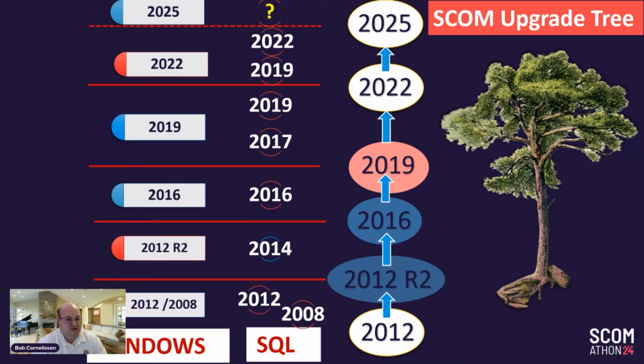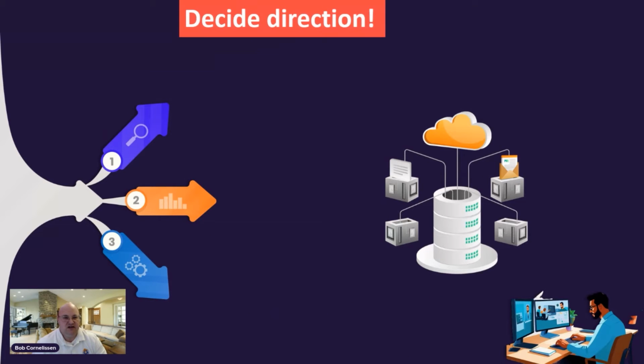So try to look forward to make your best bet here. There is no newer SQL version being released before Windows and System Center yet, so I'm assuming that 22 is at least going to be supported because there's nothing newer than that available. All right, so we have our combination.